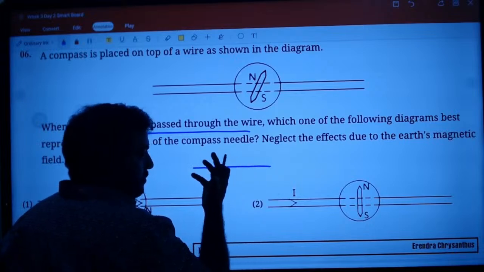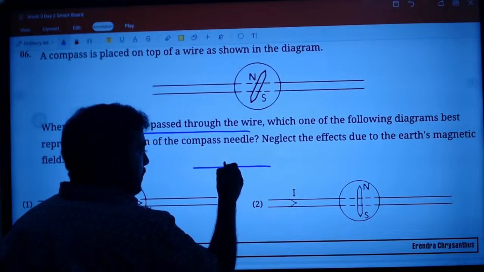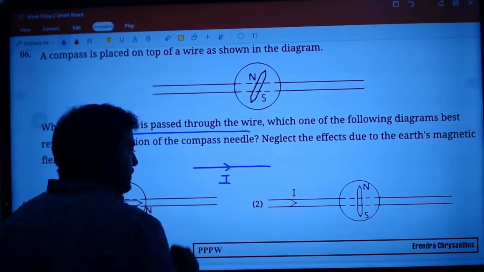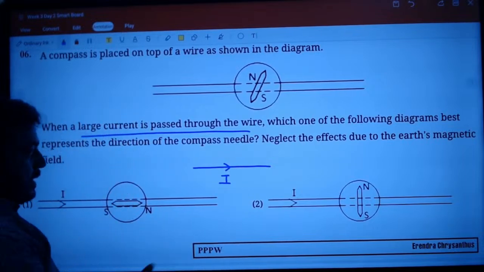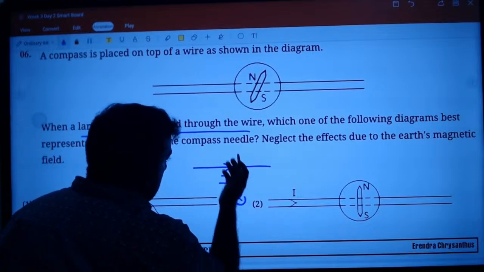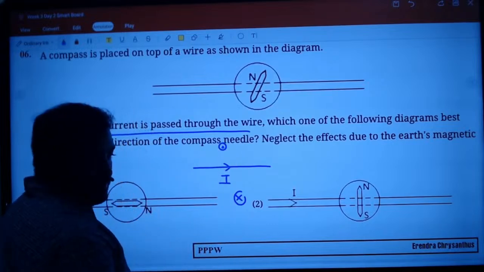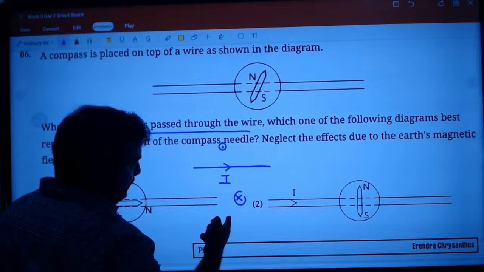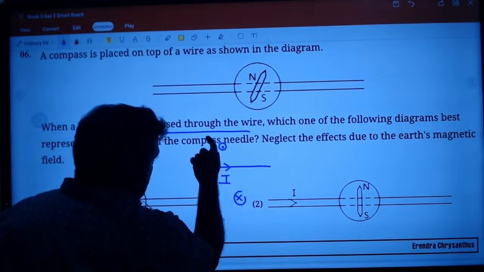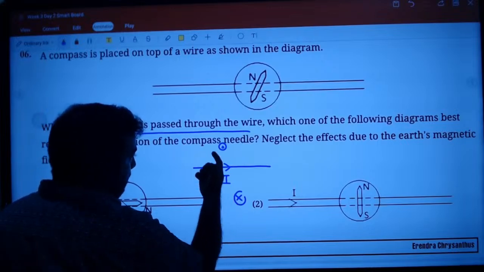Current is going on top like this. Current going that way means field inwards here, and field is coming outward there. So the field starts from here and comes out.